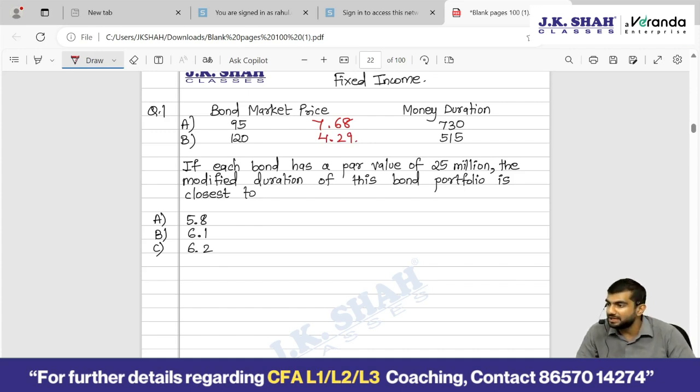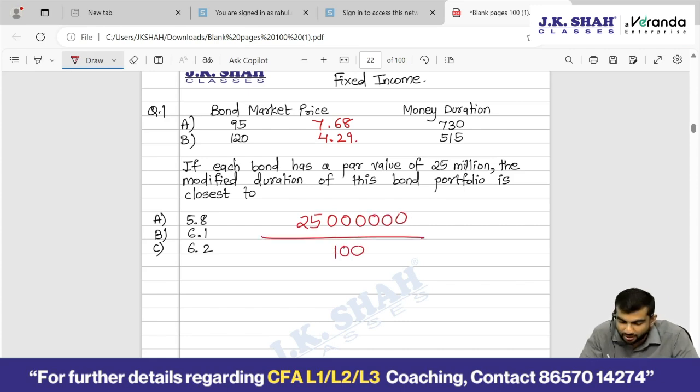Now all I have to calculate is the weights. Each bond has a par value of 25 million. So let's calculate the total market value of bond A. 25 million, so 6 zeros, divided by 100 gives the number of bonds.